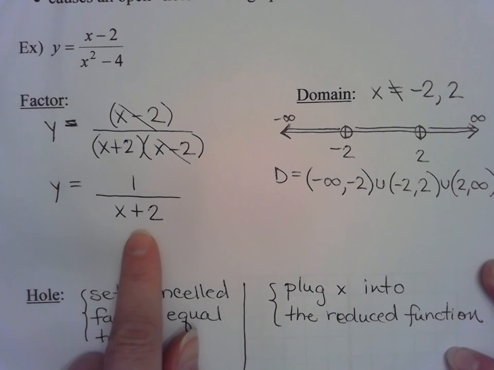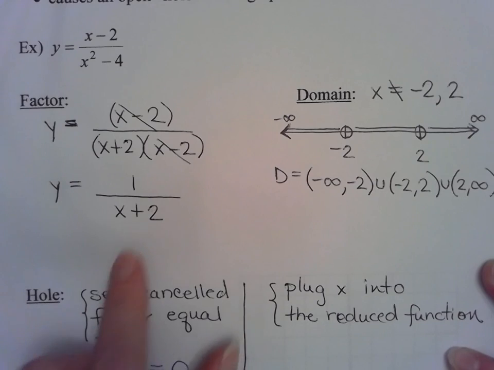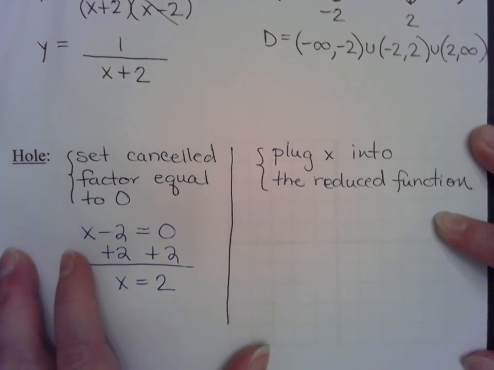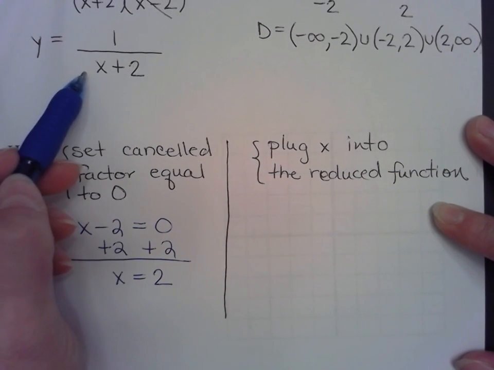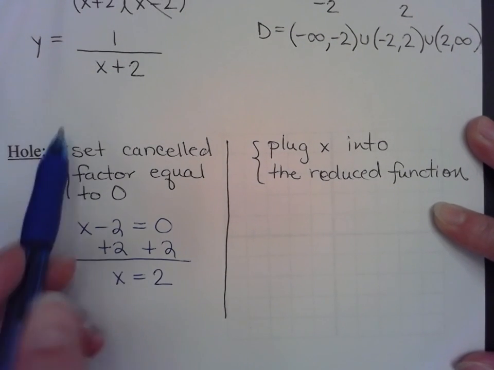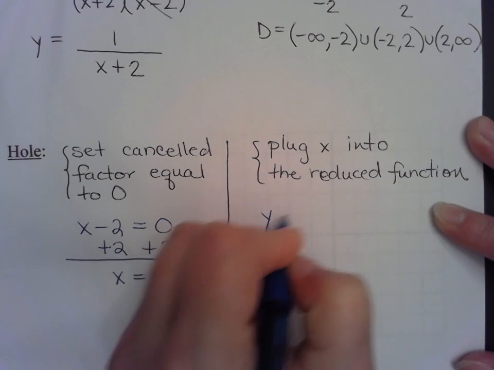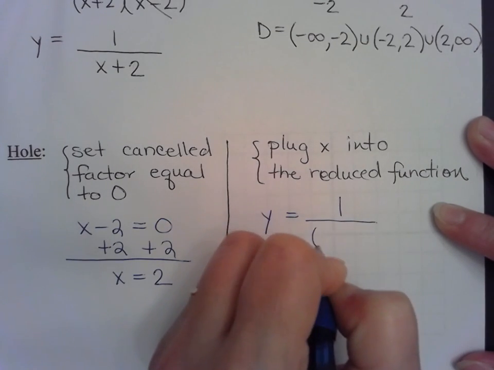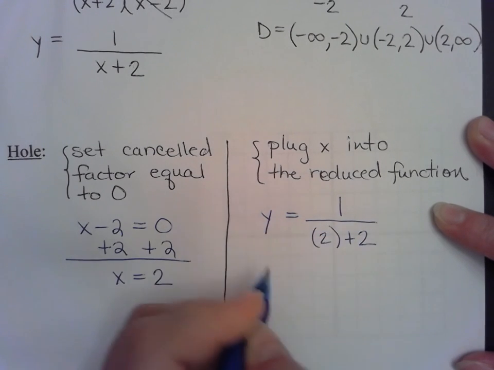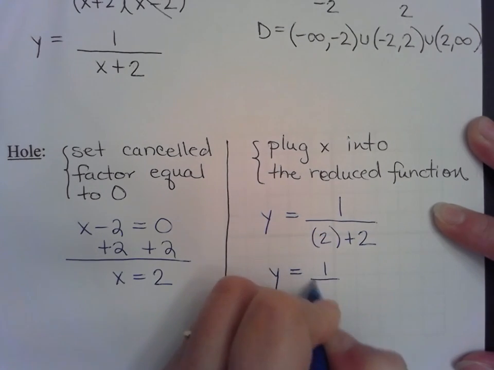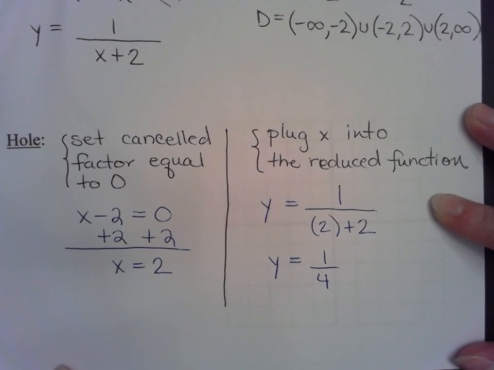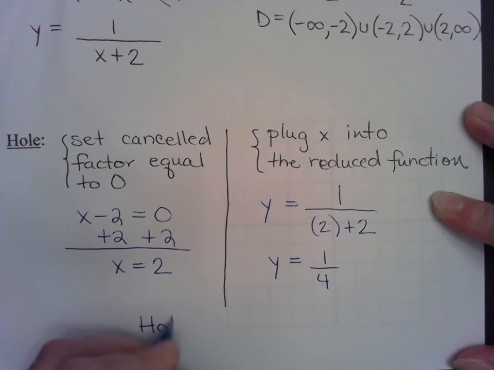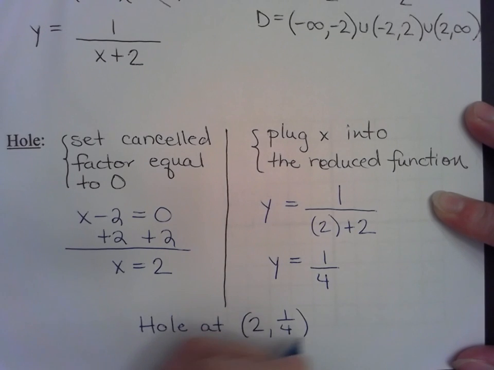But I can use the reduced function to get a y value of where it would be if it did work. So here's my reduced function. I'm going to take my x value of 2 and plug it in for x. That's going to give me the y value. So together, I have a hole at the point (2, 1/4).